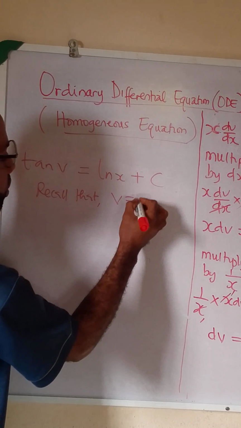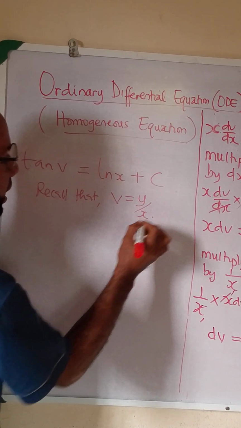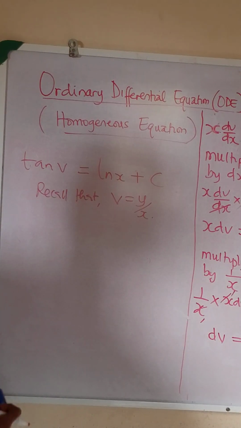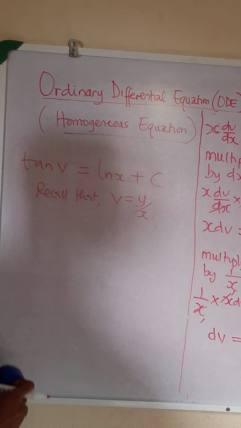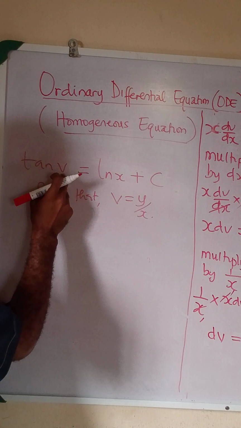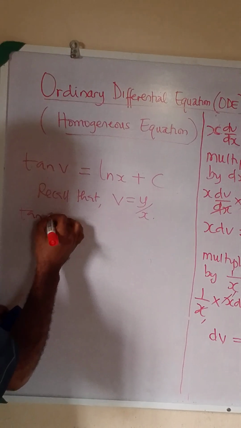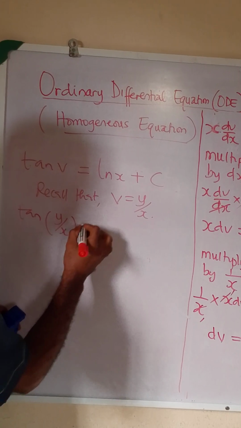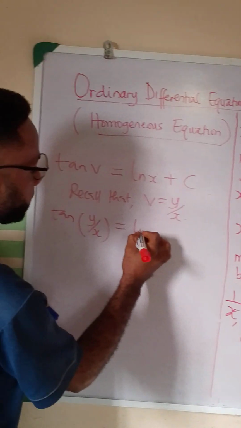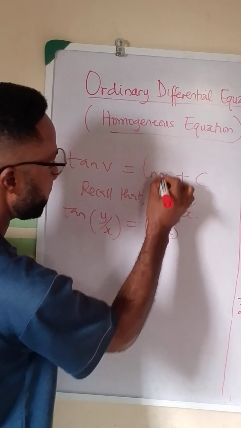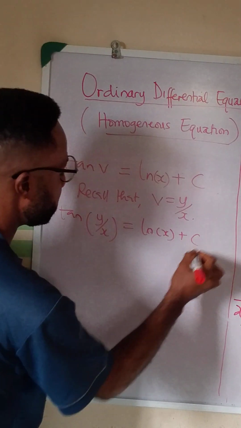Recall from when we started this solution that v equal to y over x. So wherever we have v, we bring in y over x. This will give us tan of y over x equal to ln of x, with the x in brackets, plus c.